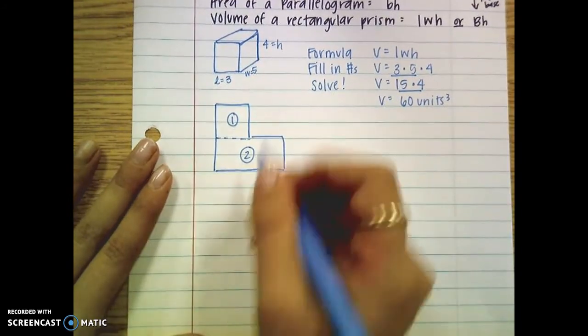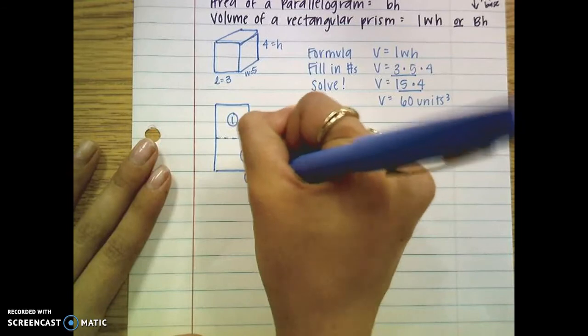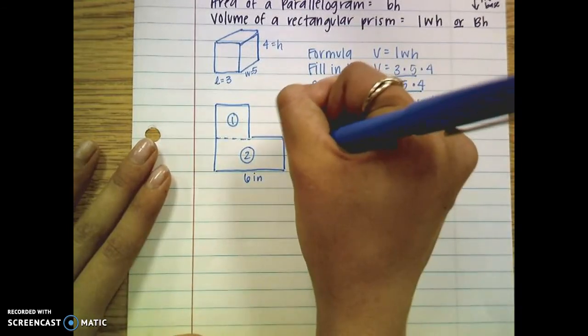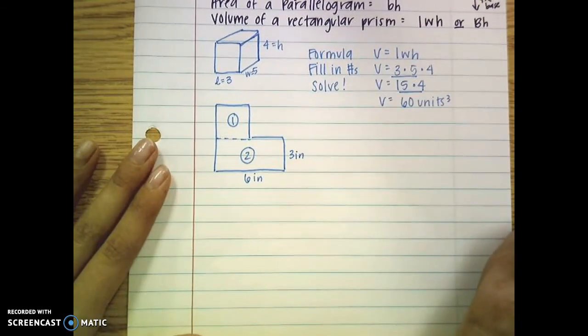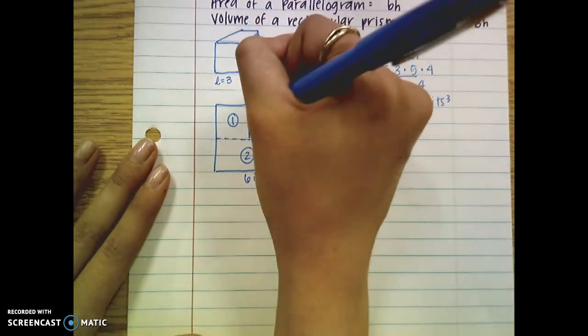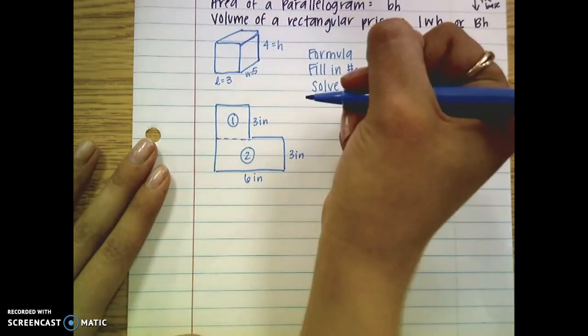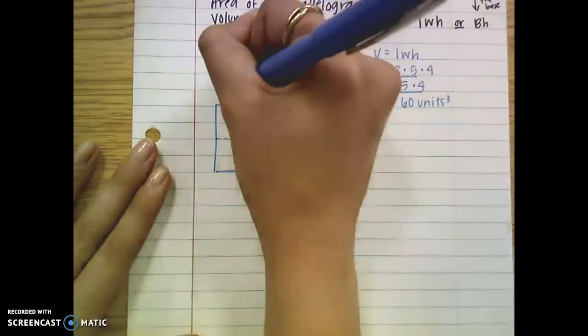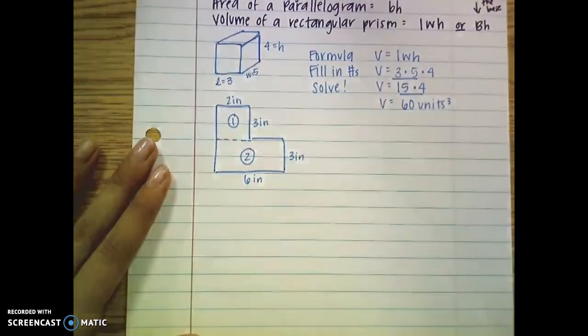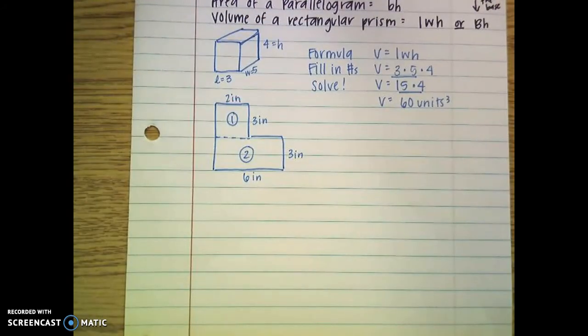We could say that the base of shape 2 is 6 inches. Its height was 3 inches. We could say the height of shape 1 was 3 inches, and maybe this length was 2 inches. Of course, in a test, you're not making up your own measurements here.